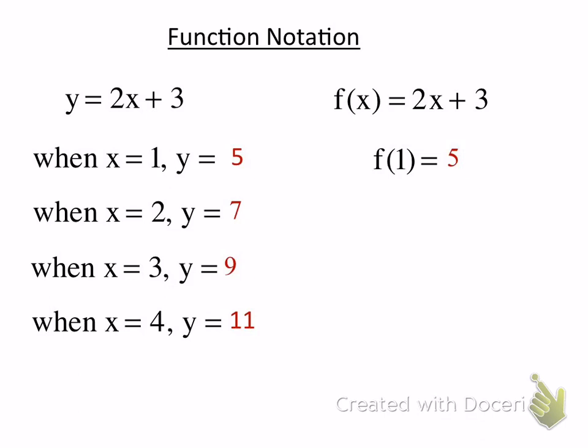Is that making sense? Okay, so how would I read the next one if I put this into function notation? McRitchie? Function of 2 is 7. The function of 2 is 7. So it's saying when my function has a domain of 2, it's going to be 7.